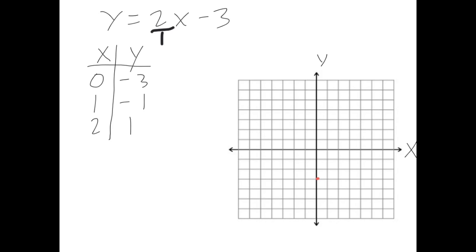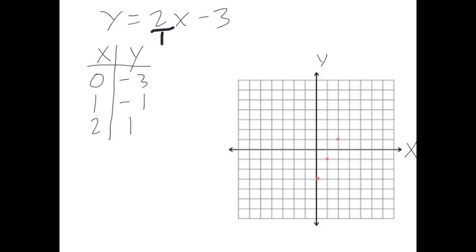Then it's rise over run. So we go up 2 and over 1. And then we'll do it one more time. Up 2 over 1.